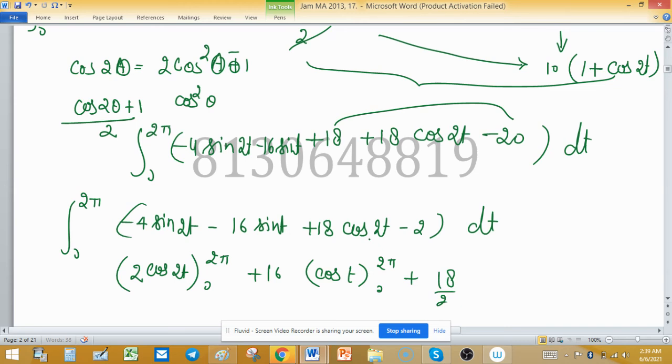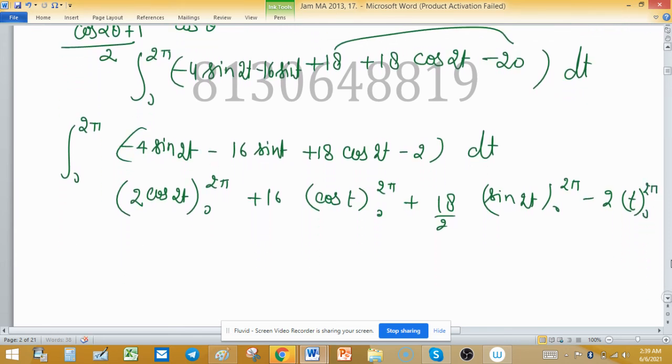The integration of cos is sin 2t, and we already took the 2, from 0 to 2 pi, and the last one will be 2t from 0 to 2 pi. Now use the limit. So this one is equal to 2 cos 4 pi.